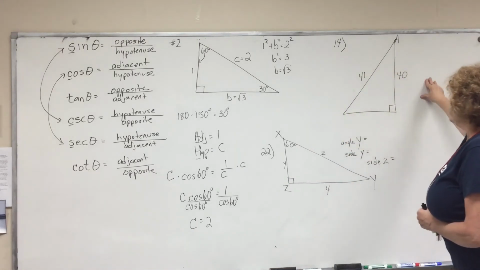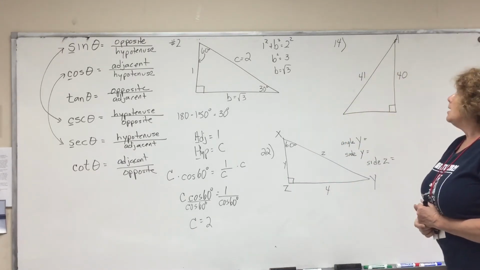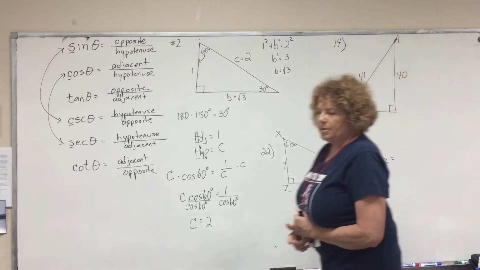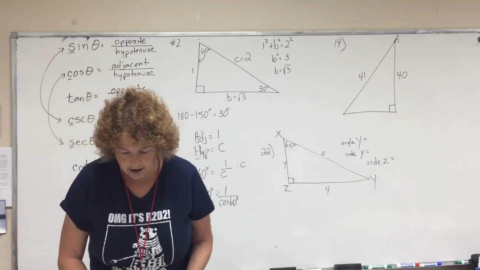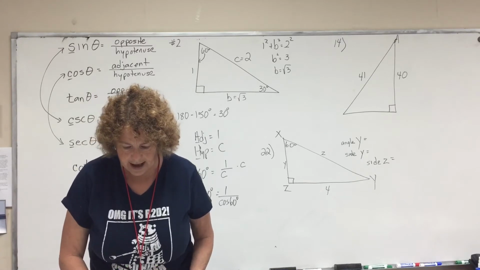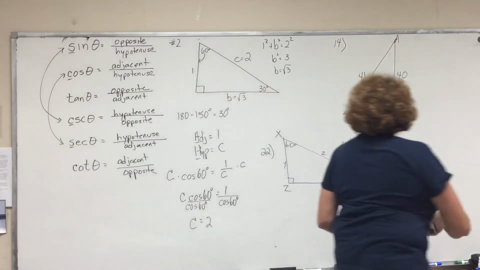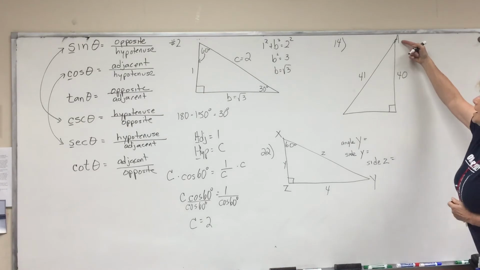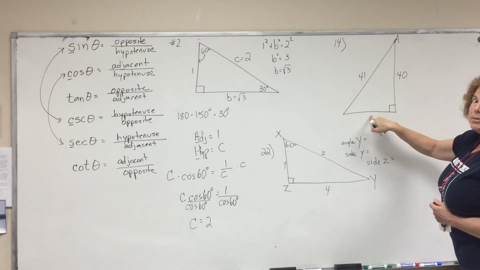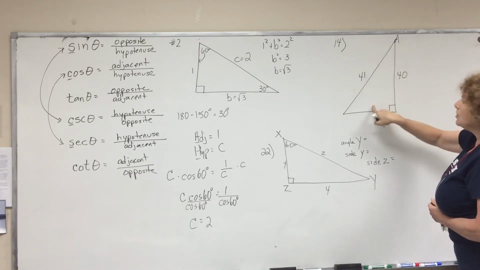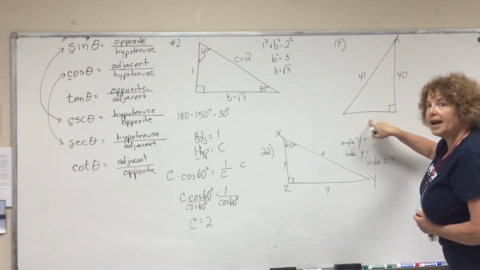Let's move over to here. Let's find the missing parts of here. I believe in number 14, they are asking for angle A. So let's look. Here's angle A. What are we given? Well, we're not given the side opposite, right? Because straight across from A would be this, and we're not given that.